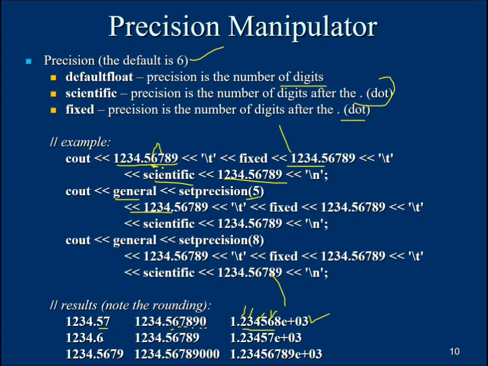But here you already know, because for 1 2 3 4 5 only 5 values will be printed, and this 6 will convert this 5 to 6 because this is more than 5. So this will be 1234.6, and this one will only have these 5 precision. So it will be 1 2 3 4 5, again 1 after the decimal 1 2 3 4 5, and then exponential. Same with the precision 8.